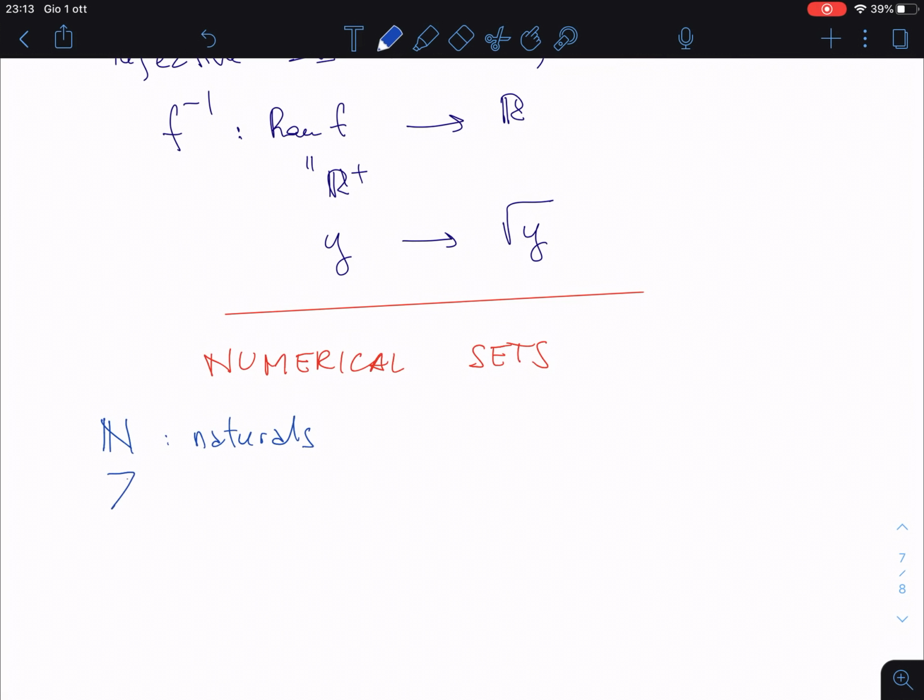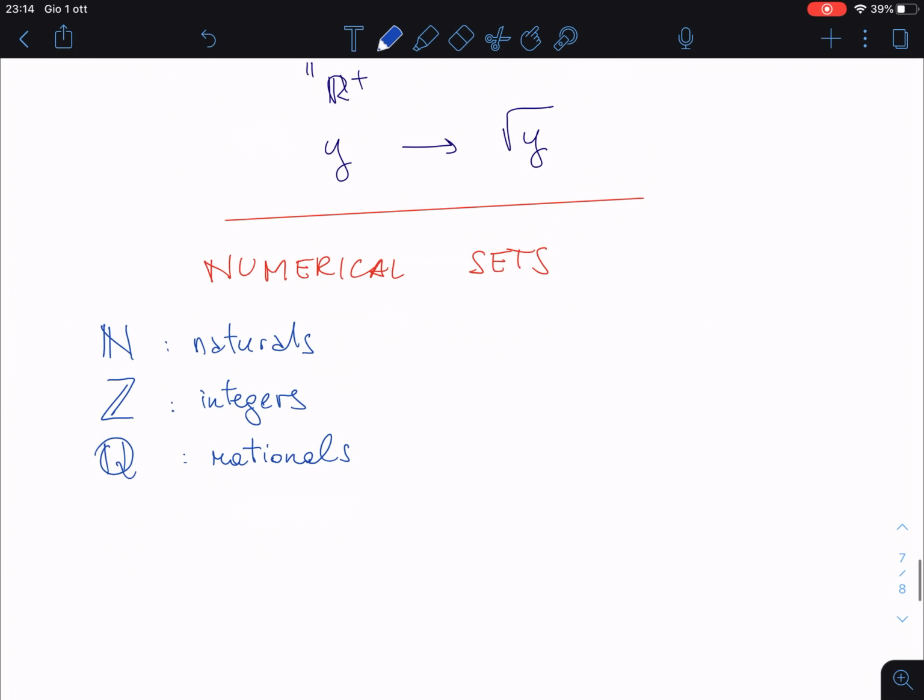Then we will pass to discuss the set of integers, that is denoted by Z. Then the third numerical set we will consider is denoted by Q, and is the set of rational numbers.